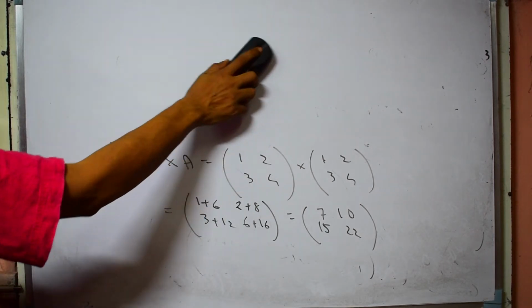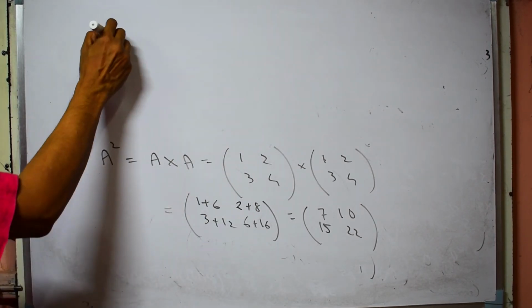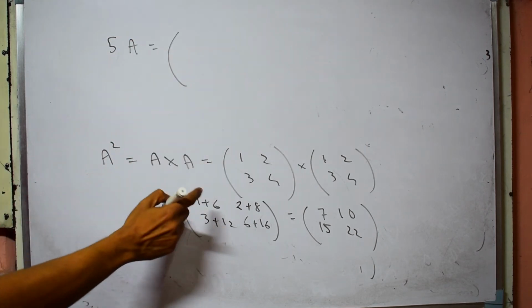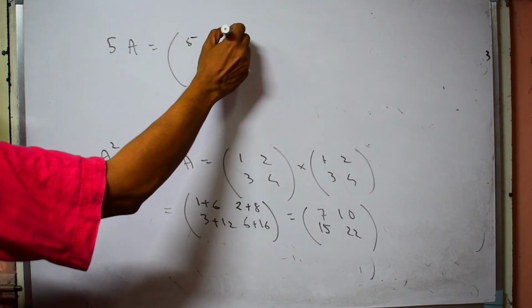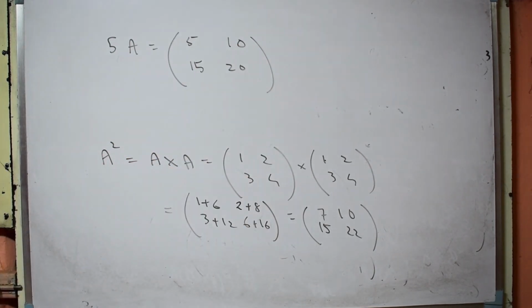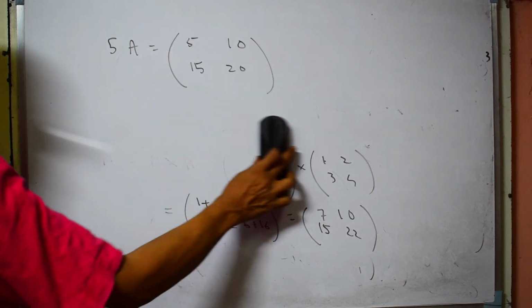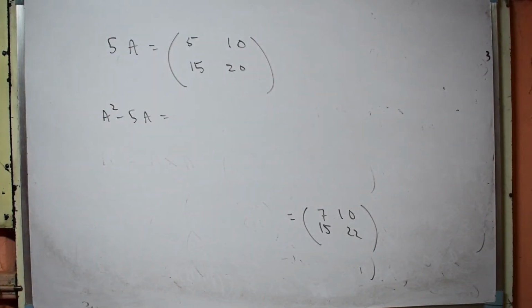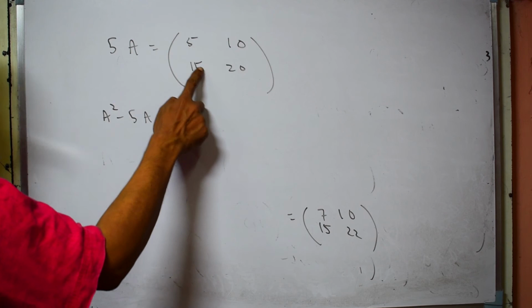Now all you need is 5A. 5A means all the numbers inside A will be multiplied by 5: 5, 10, 15, 20. Now what is A square minus 5A? A square is this and 5A is this.